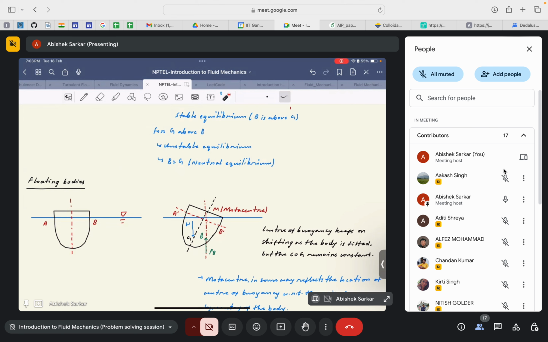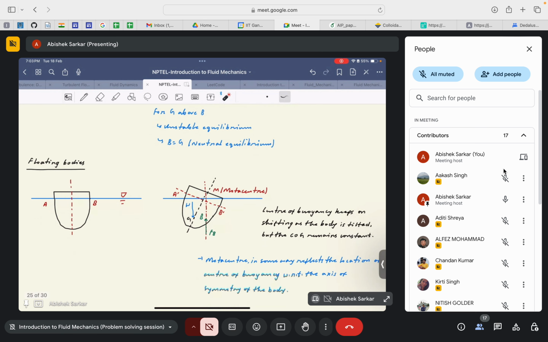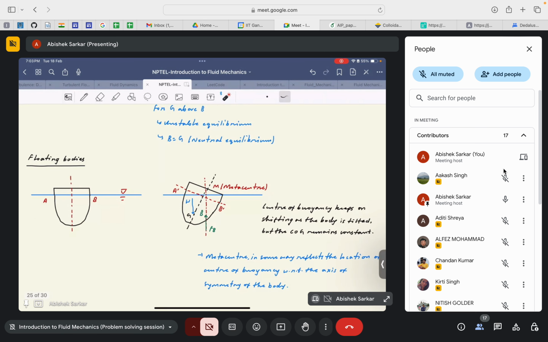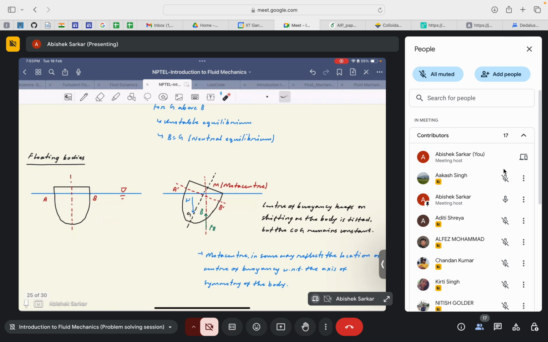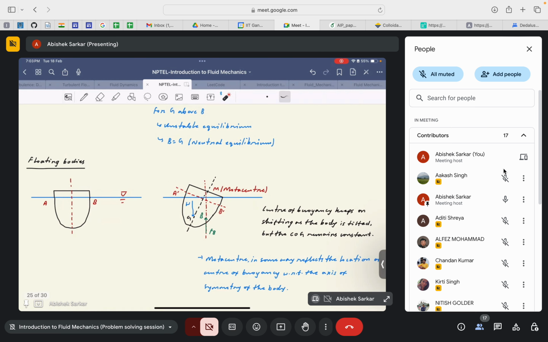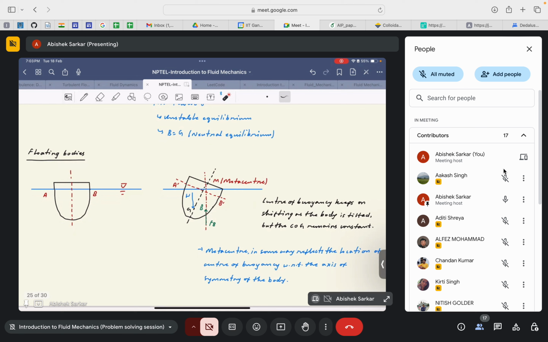So the body has to displace some fluid, and then the equivalent amount of force would be a buoyant force that will act on the body. Okay, so let us consider this example. Again, I will not go into the derivation. I'll just explain the geometry and the concept, and then directly go to the expression for the metacenter or the metacentric height.